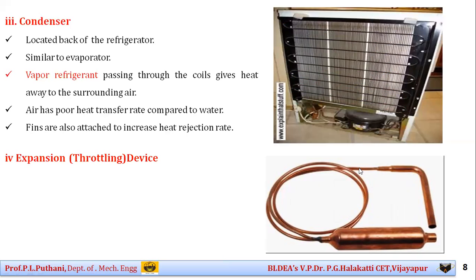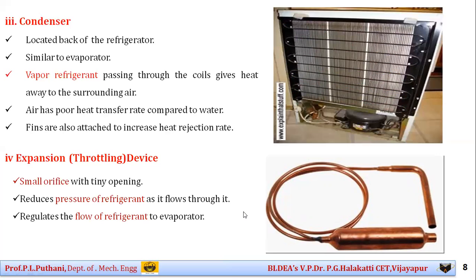When the refrigerant passes through this expansion or throttling device, which has a small orifice, a tiny opening, there is a drop in pressure occurring, which means a reduction in the pressure. Therefore, this expansion valve or throttle valve is especially used for reducing the pressure. Also, it regulates the flow of refrigerant through the evaporator.